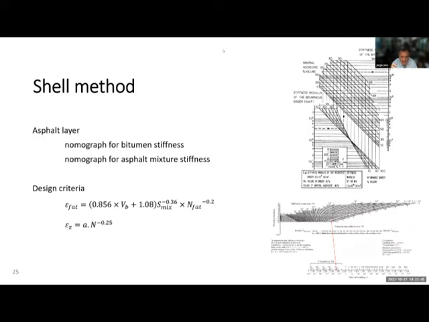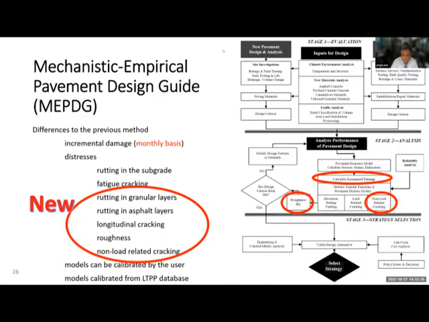And the method is extremely easy to use because the design criterion for fatigue is defined by a law that relates fatigue life to the horizontal strain at the bottom of the asphalt layer, the binder content, and the stiffness of the asphalt mixes. And in terms of permanent deformation, the resistance is only based on the vertical strain at the top of the subgrade. So it was a very, very easy method to use in pavement design.